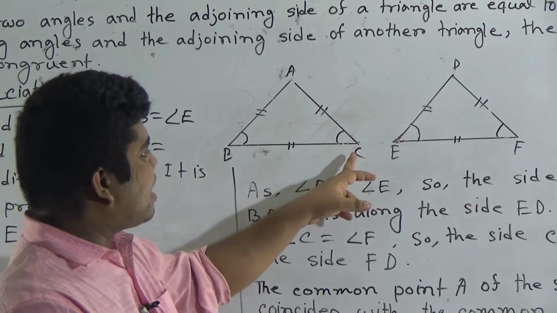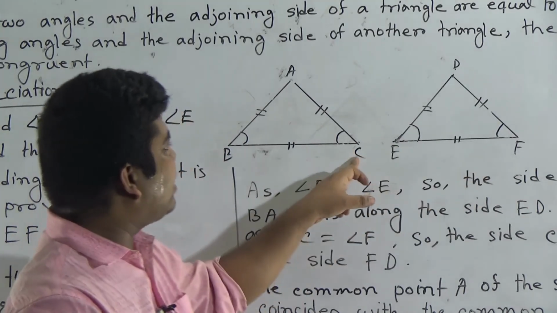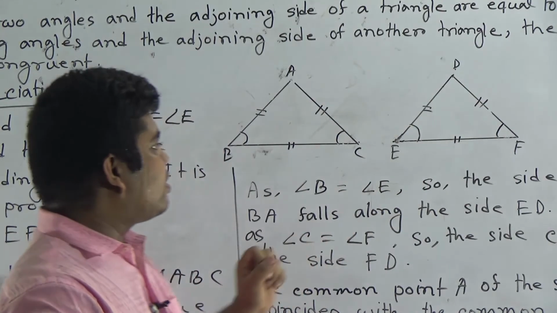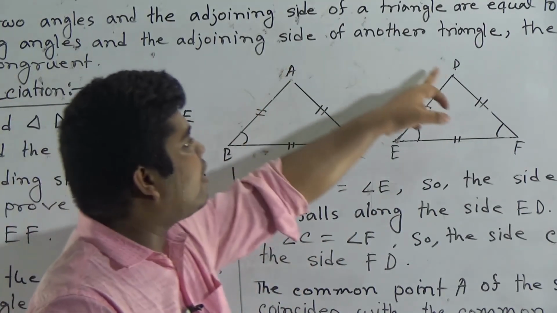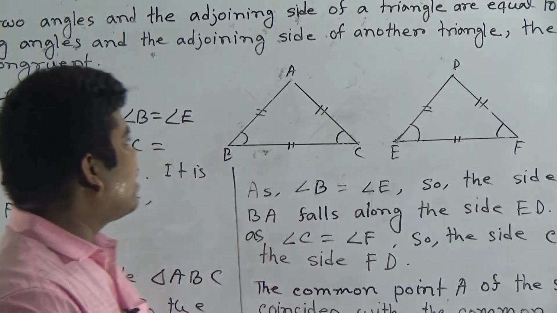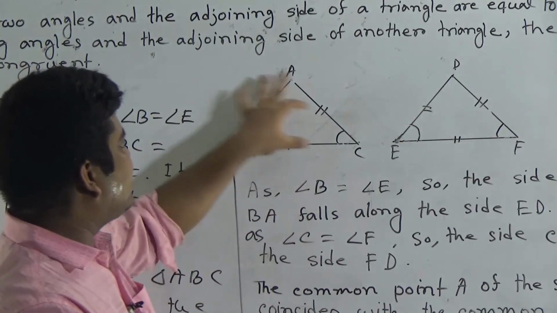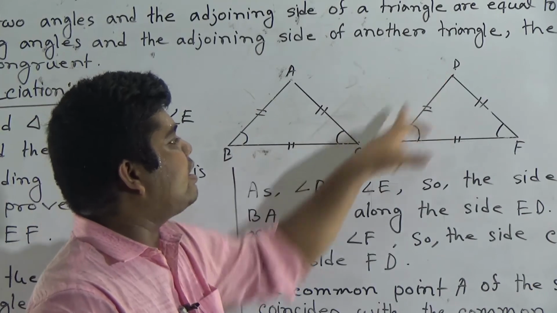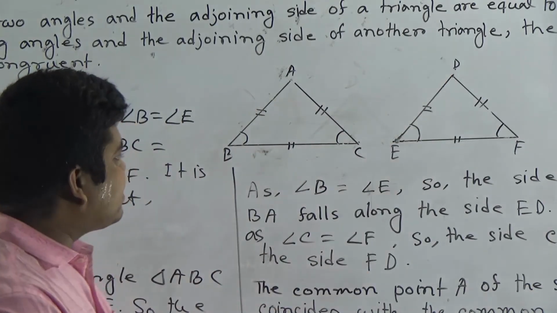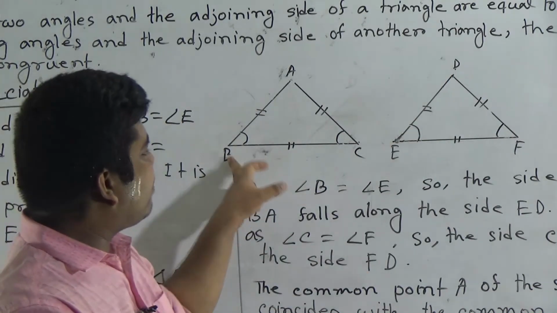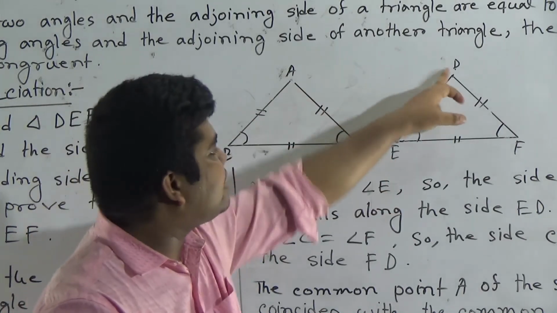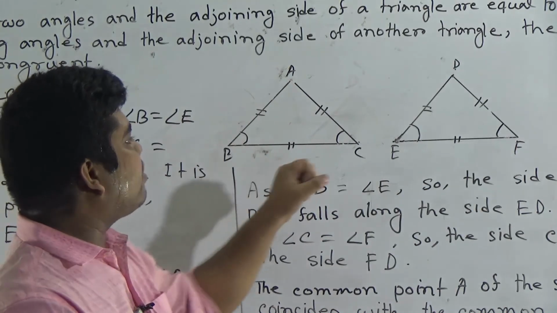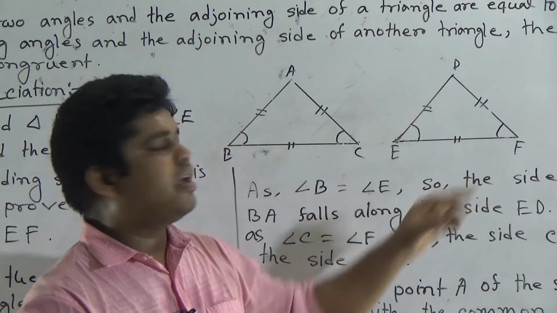Again, as angle C equal to angle F, so the side CA falls along FD. So the point A coincide with the point D. As a result, we can say that this whole triangle ABC falls along the triangle DEF. Therefore, B falls on E, A falls on D, C falls on F. So we can say triangle ABC is congruent to triangle DEF.